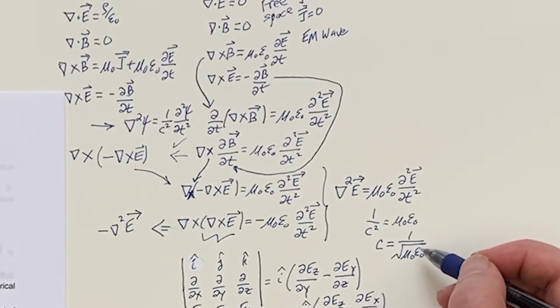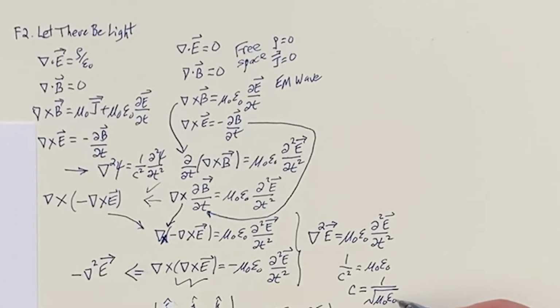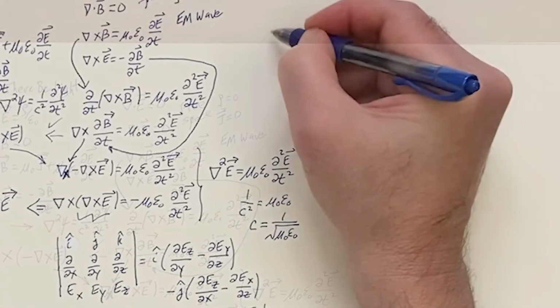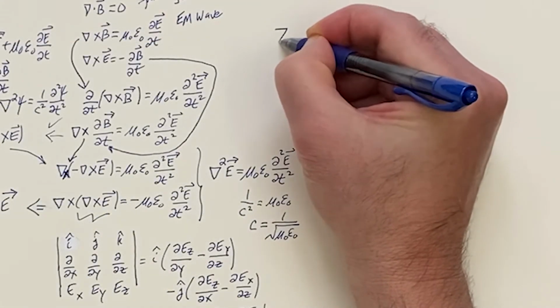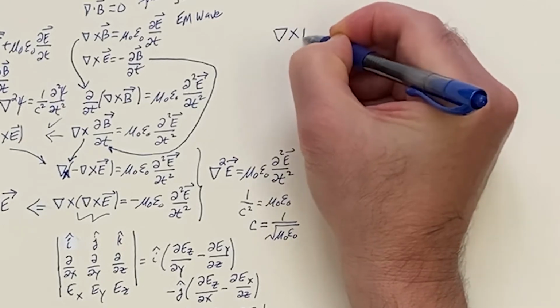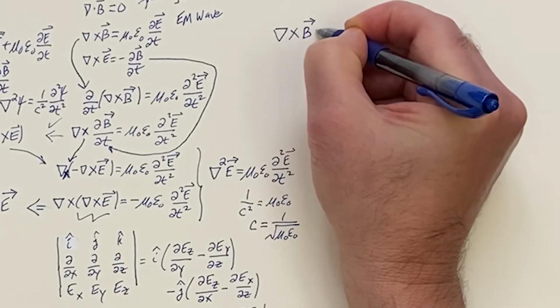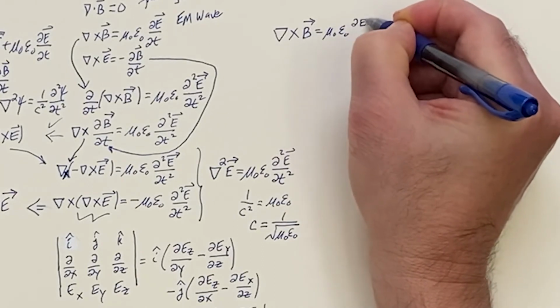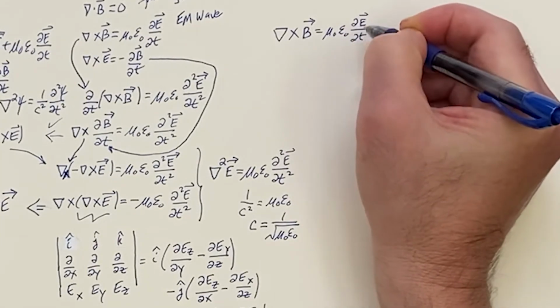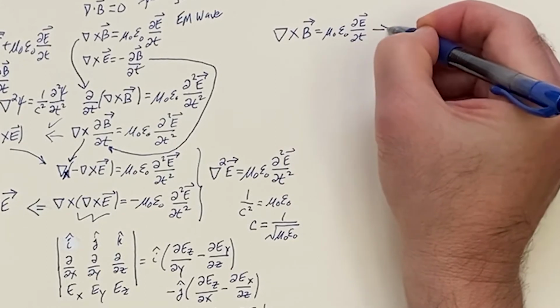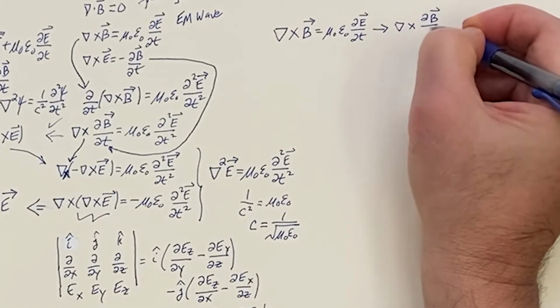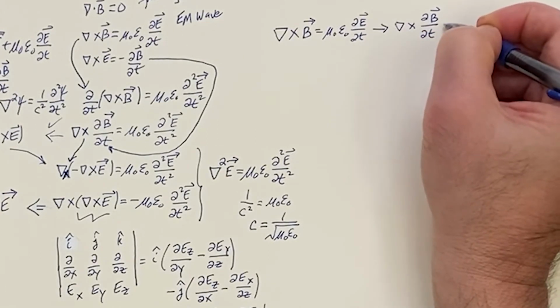Okay, so now what I would like to do is deal with the magnetic field. What did we do for the calculation? Let's just summarize what we did. We looked at something like this, and we took a derivative so that we could get another time derivative in there, like this.